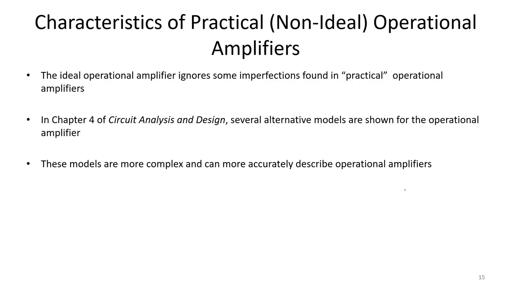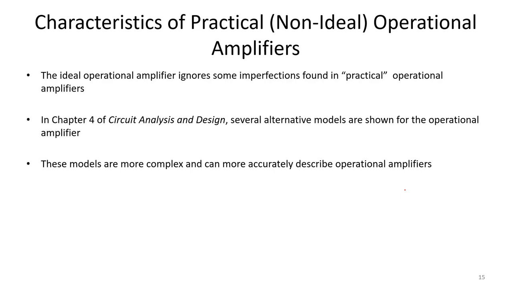All right, so now that we're done reviewing from our previous video, let's now talk a little bit more about non-ideal operational amplifiers. As we mentioned earlier, a lot of times the ideal operational amplifier is a good approximation for a real operational amplifier. But sometimes, in certain situations, the ideal assumptions don't work as well.